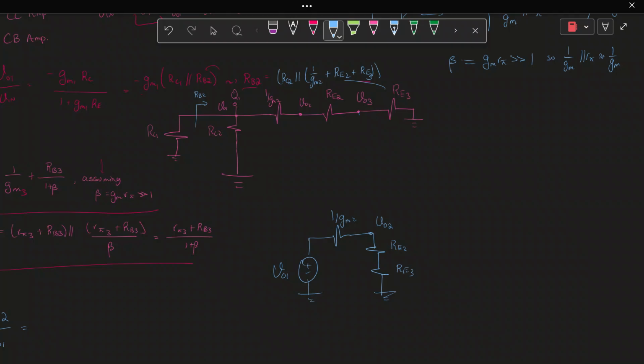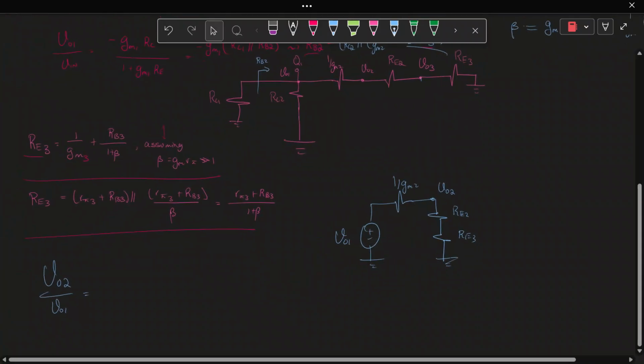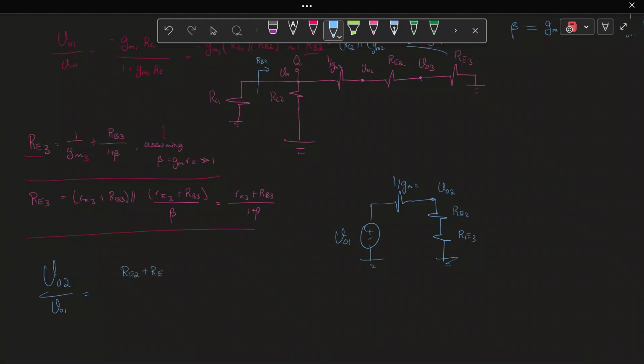Now, this should make a little more sense. VO2 over VO1 is going to be equal to RE2 plus RE3 divided by RE2 plus RE3 plus 1 over GM2. And remember, we've already initialized RE3 up in the top, so we don't have to initialize it anymore.